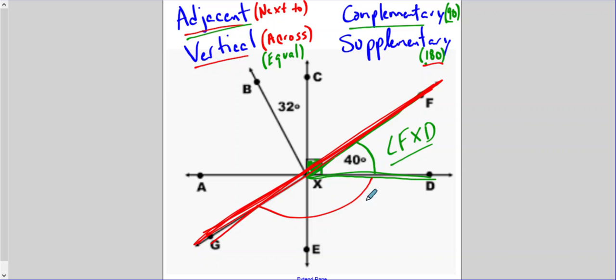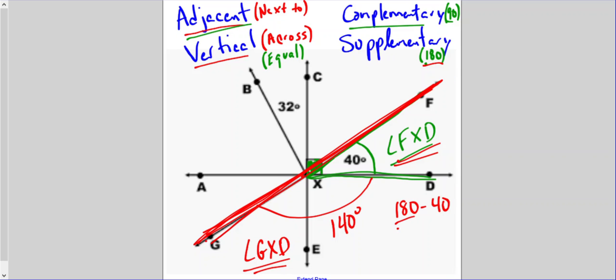That's 40. This has to be 140 because I know that this angle here, that straight angle, is 180 degrees. 180 minus 40 tells me this leftover part, which is GXD. These two angles are supplementary because they add up to a straight line or 180 degrees.